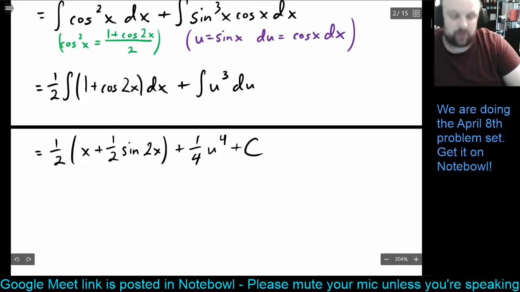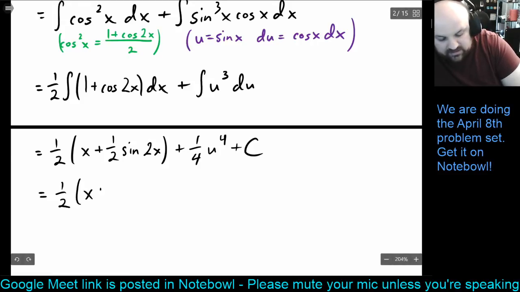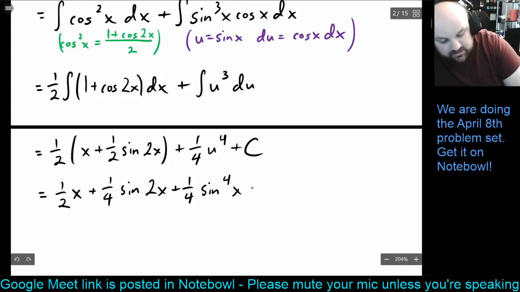And now we just swap u back for sine of x. And we have 1/2 of x plus, maybe it'll look nicer to just distribute that 1/2. 1/2 x plus 1/4 sine 2x plus 1/4 sine to the 4th x plus c.